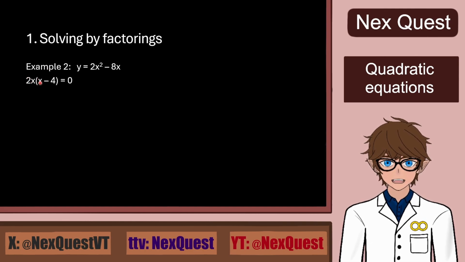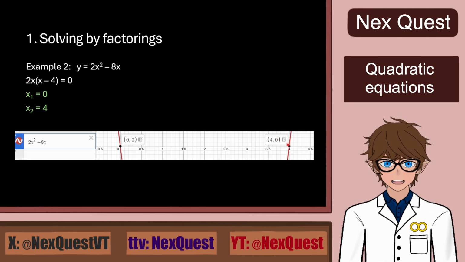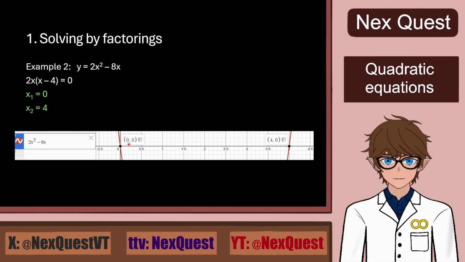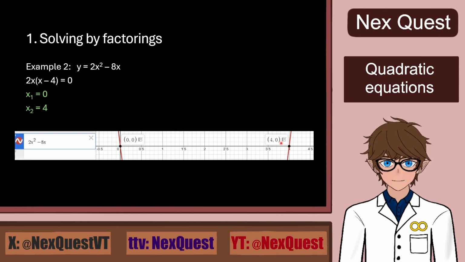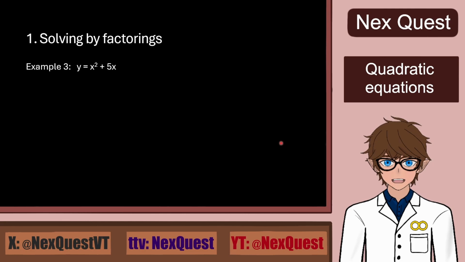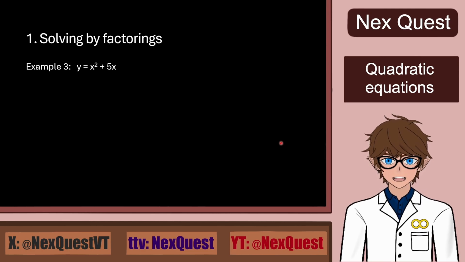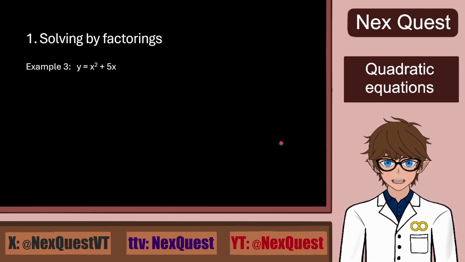And the other one is 4, so whatever we put as 2x doesn't matter, because this one is 0. We can also graph it out and see, yes, the roots are on points (0, 0) and (4, 0). We did it correctly.